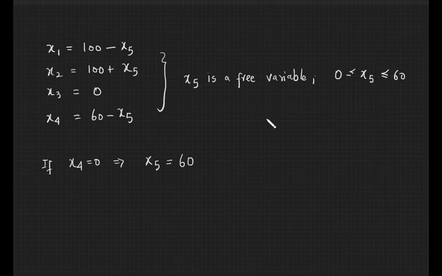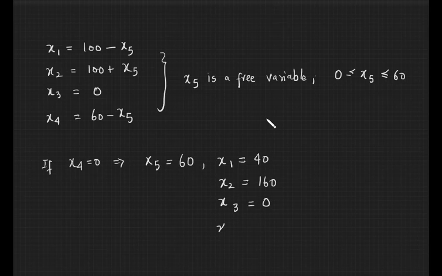If x5 is equal to 60, what would be the value of x1? 100 minus 60 becomes 40. What is the value of x2? 100 plus 60, 160. x3 is always 0 and x4 is 60 minus 60 becomes 0, right?